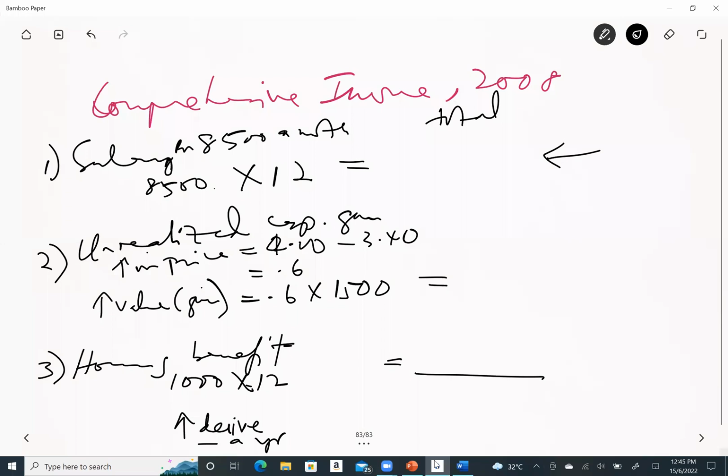Firstly, 85,000 per year, already calculated. The second one, you do 8,500 multiplied by 12 to get the total, and with no change in the other components, you get another total. I thought it was monthly, but I gave you per annum, so I just want to give you in terms of per month. Any question?